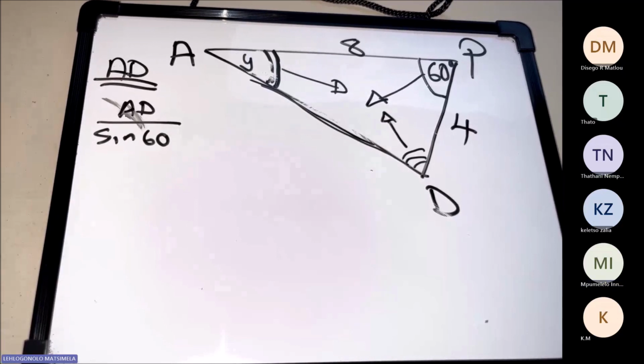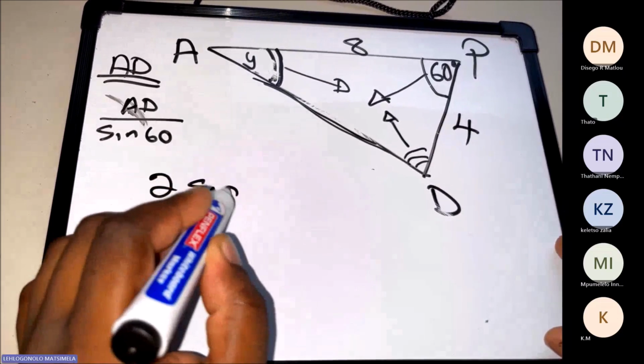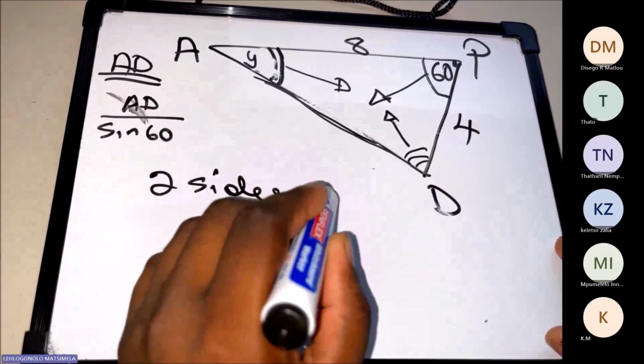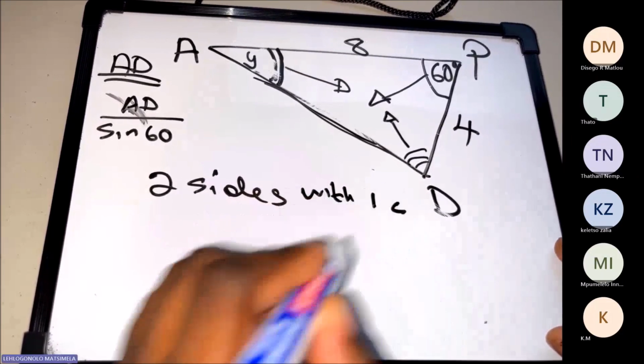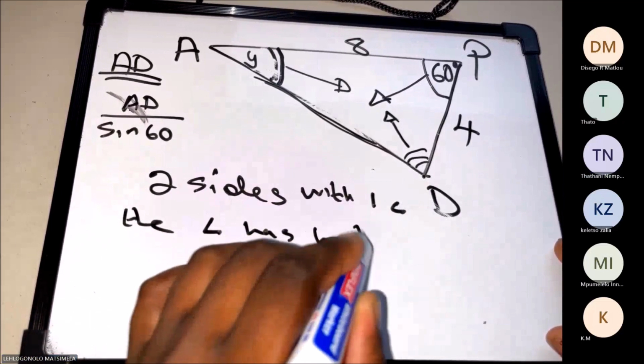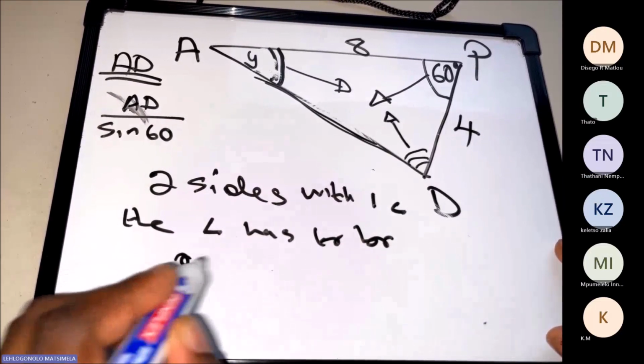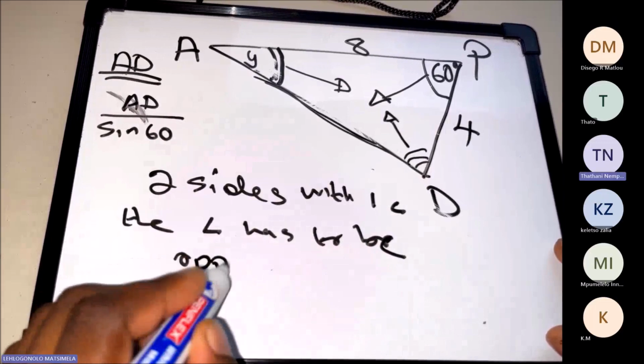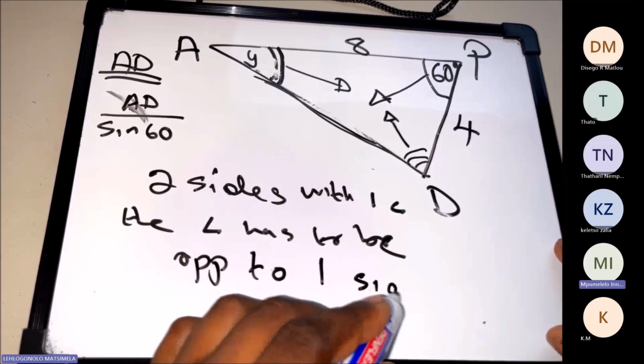So which means we can use the other rule. The properties of sine rule here are not met. Meaning the two sides given with one angle, the angle has to be opposite to one side.